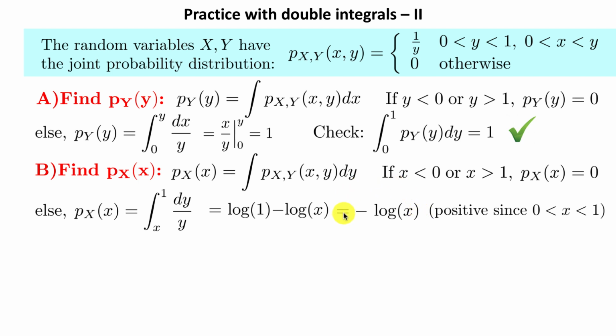Now this minus over here is somewhat scary because we're always used to thinking of probabilities as positive, and of course it is positive because if x is between 0 and 1, then the logarithm is negative. So negative into negative is positive, and so that's fine. The marginal probability distribution is positive.